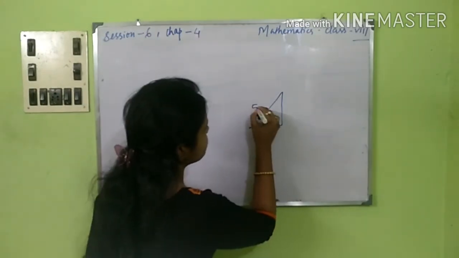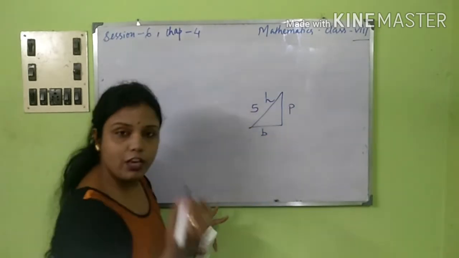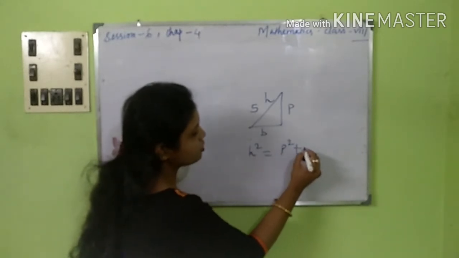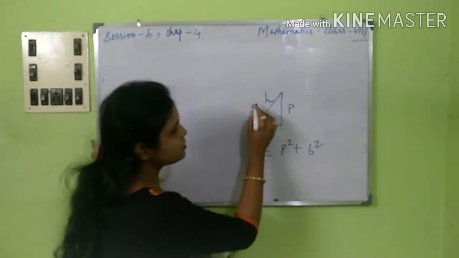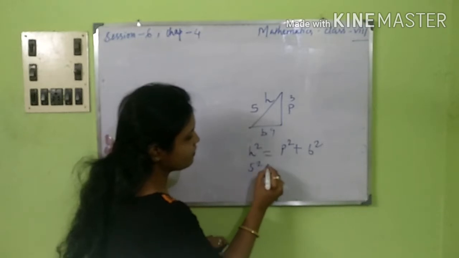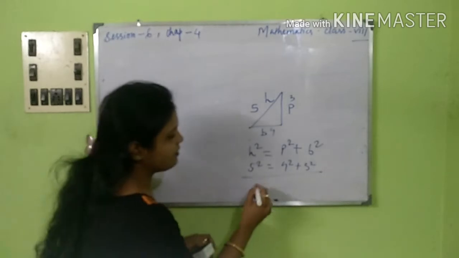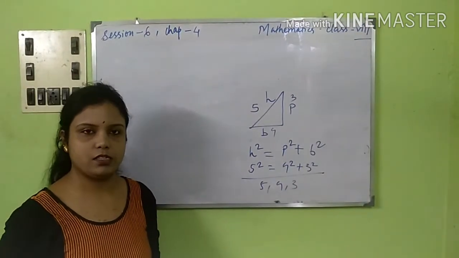If this is the hypotenuse, this is the base and this is the perpendicular, we already know that hypotenuse square is equal to perpendicular square plus base square. Now suppose this is 5, this is 4, this is 3. So we have 5 square is equal to 4 square plus 3 square. Now 5, 4 and 3 are the Pythagorean triplets.